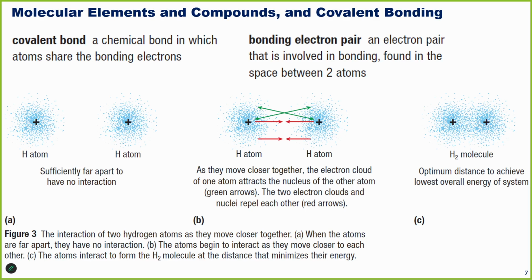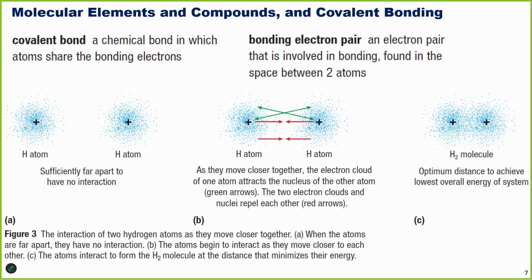Consider what happens when two hydrogen atoms move close together. Remember that a hydrogen atom has one proton and one electron, right? The attraction of each electron by the proton of each hydrogen atom creates a force that pulls both atoms towards each other.